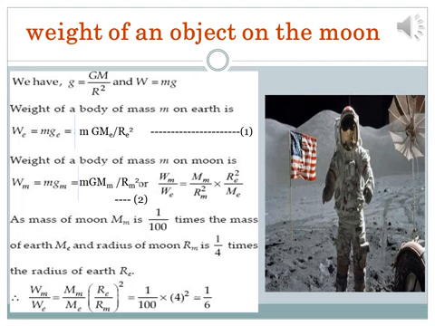So Wm divided by We is equal to Mm divided by Me into Re divided by Rm the whole square, which is equal to 1 by 100 into 4 square, which is equal to 1 by 6. Here we have seen that weight of a body on the surface of the moon is 1 by 6 part of its weight on the surface of the earth.